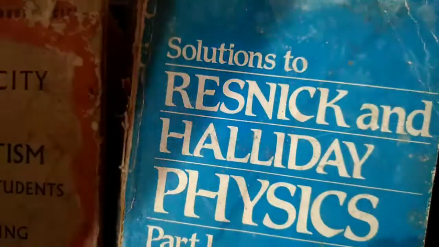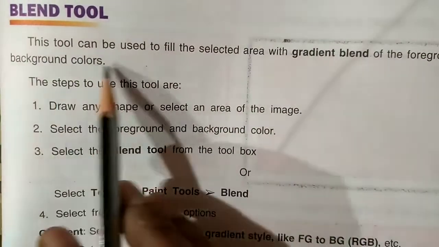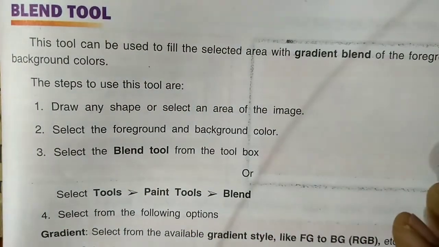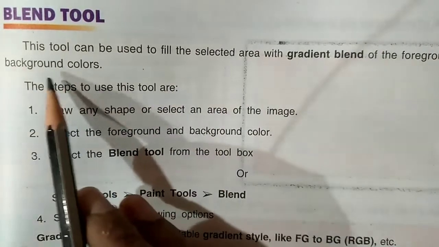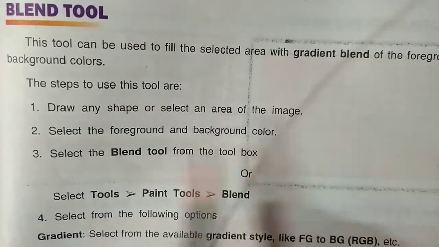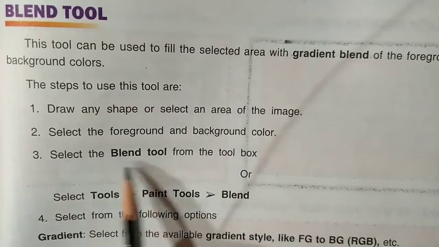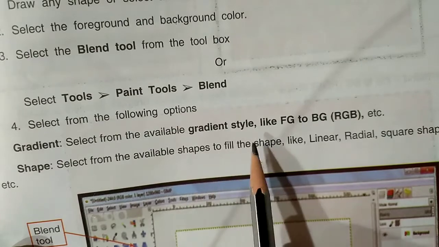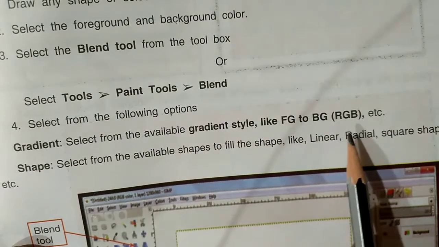Now next thing, blend tool. Blending: this tool can be used to fill the selected area with gradient blend of the foreground and background colors. The steps to draw any shape or select an area of the image: select the foreground, select the blend tool, gradient, select from the available gradient styles like FG to BG, RGB, etc. Here you are observing gradient.